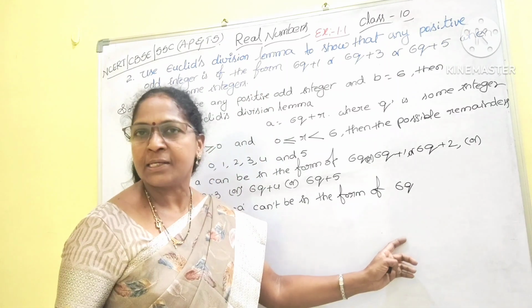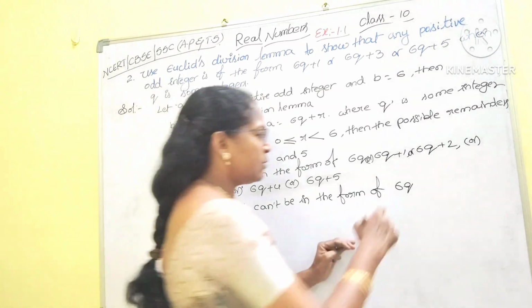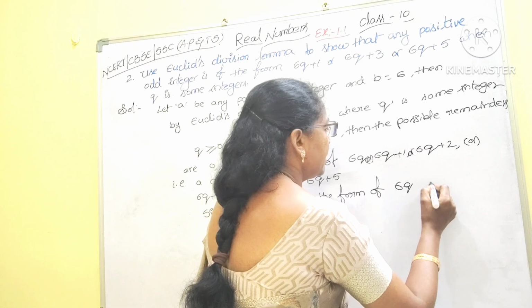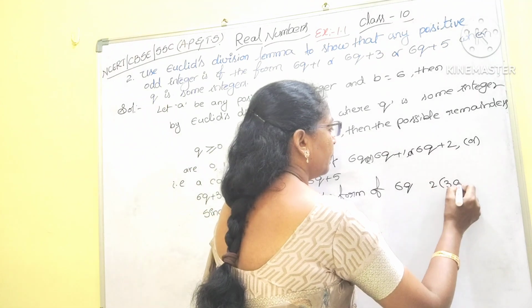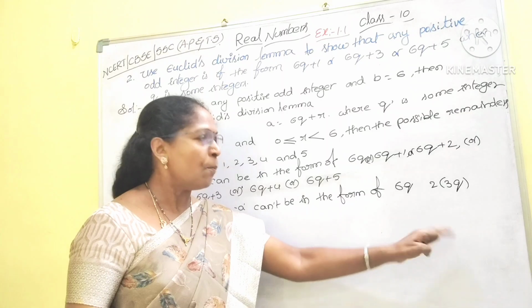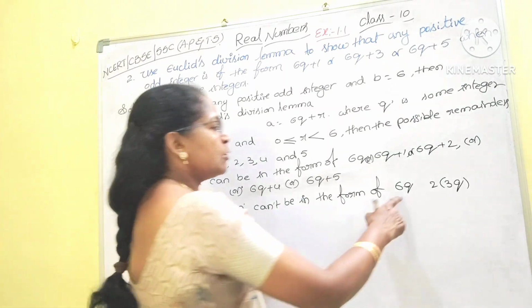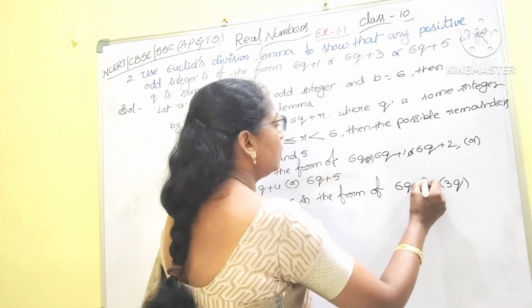Why? Because 6Q is an even integer. You can write 6Q as 2 into 3Q, and all multiples of 2 are even numbers.